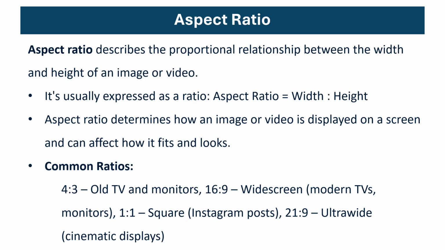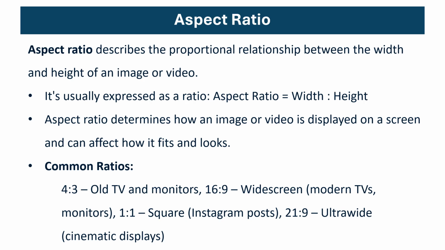So it has 16 inches of width and 9 inches of height. It can be inches, centimeters, or any kind of measurement unit, but it means that you go 16 units of width and 9 units of height.